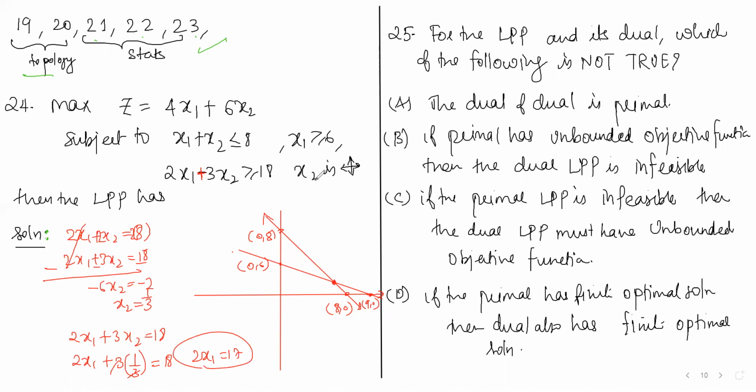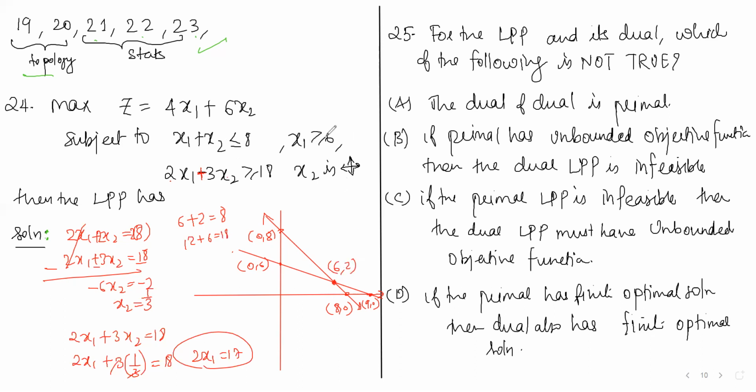What have I written here? Clearly, I think x1 plus x2 is 8 and 2x1 plus 3x2 is 18. This point is 6 comma something, right? I need to check which will satisfy. So what if I do this? 6 plus 2 becomes 8, and 6 into 2, 12, plus 3 into 2, 6, is 18. Yeah. So this point is my 6 comma 2.